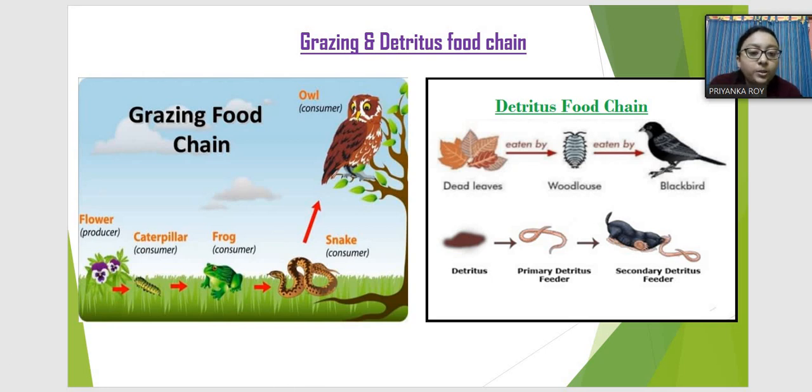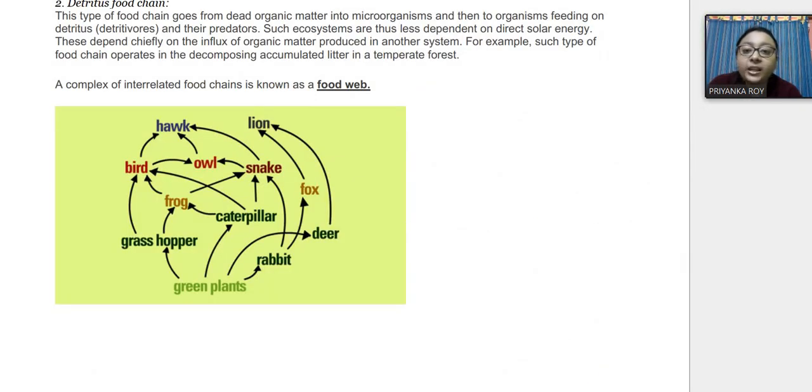Now, next comes what is a food web. So when all these food chains are interconnected with each other, like it is usually in the ecosystem, it is like that only. There is not a single chain going on, but there are multiple crosstalks or multiple interconnected networks among these food chains, and therefore it gives rise to a food web. So this is called a food web.